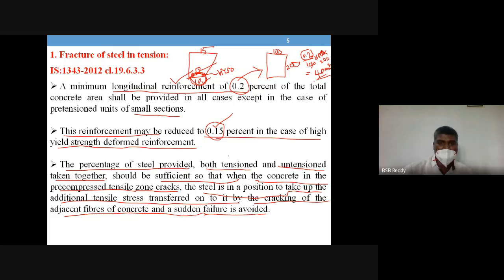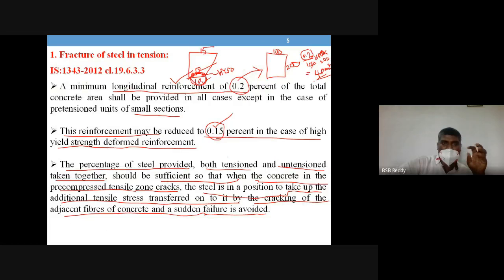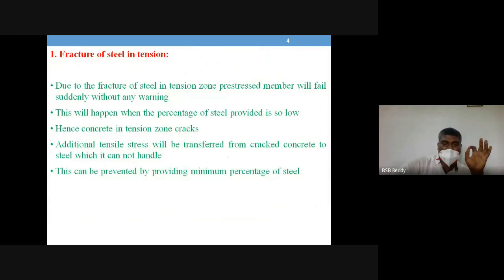So this is about the minimum steel clause which is available to avoid fracture of steel in tension. Got it? So what is fracture of steel in tension, when it happens, and to avoid or prevent this, what is to be done? We have talked about it. Okay, got it?